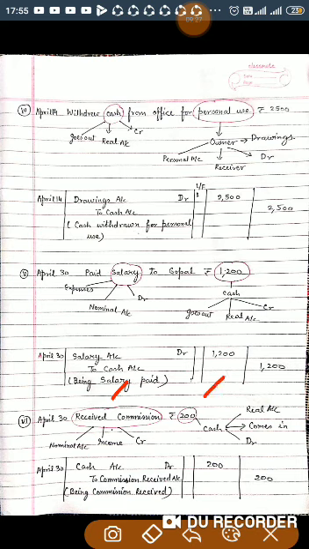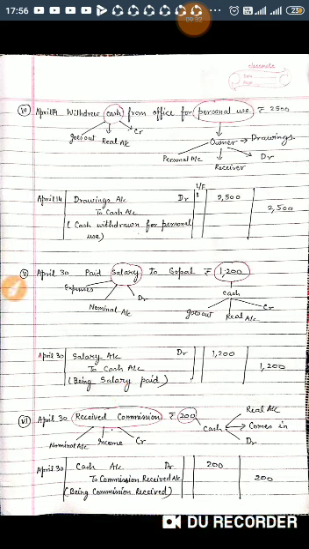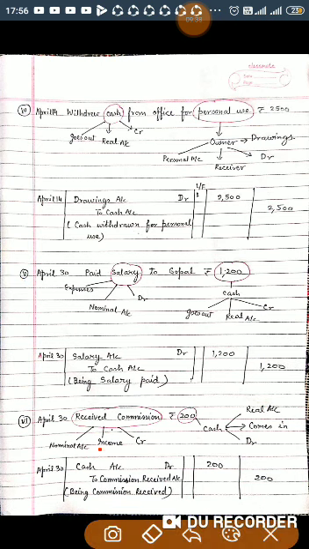So commission received is a nominal account, it is an income for the business, so it should be credited. Cash is a real account, it is coming into the business, so it should be debited. So the journal entry will be cash account debited to commission received, that is 200.